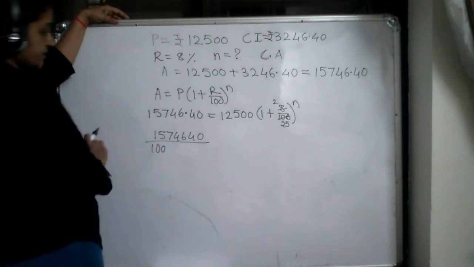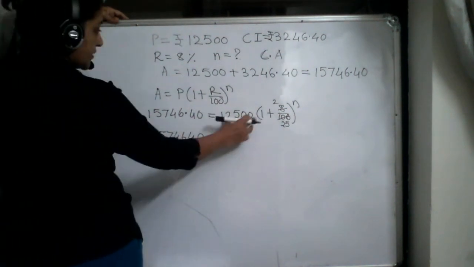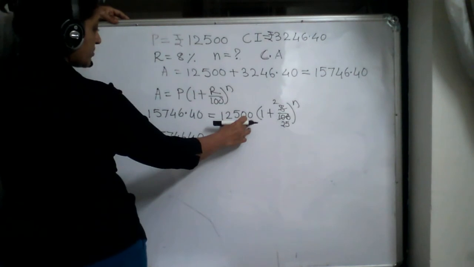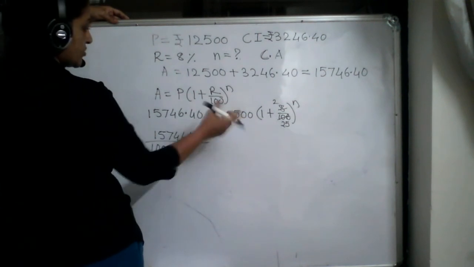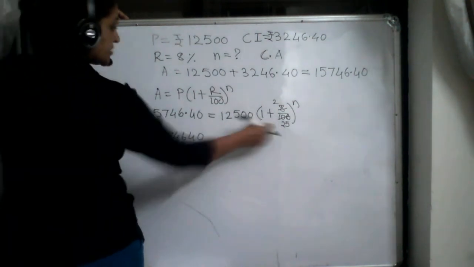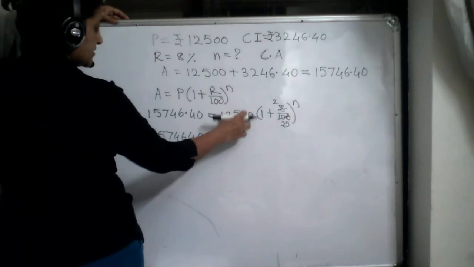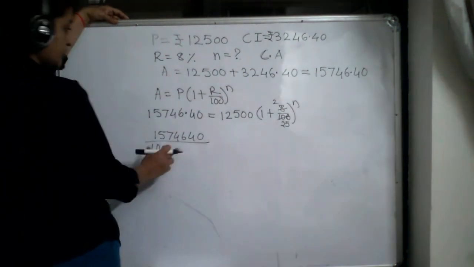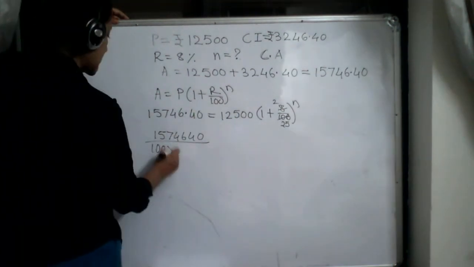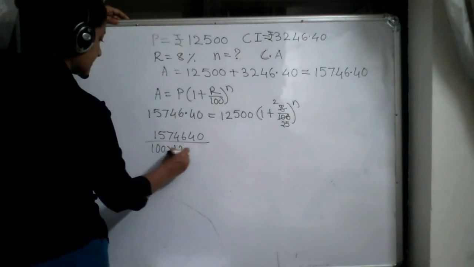Now if I want to transpose this 12500 to the LHS, what will happen? These two are in multiplication, hence when transposed to the opposite side, it will become division, so it will come in the denominator.